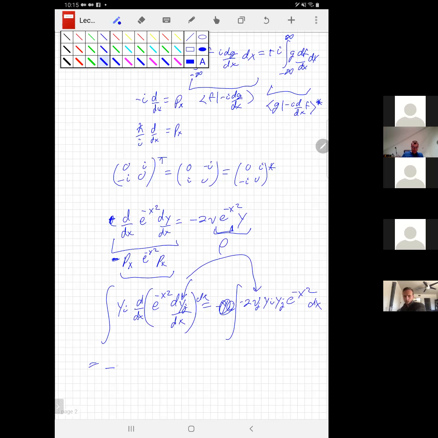If I do these limits from minus infinity to infinity, all right? We're going to get this, which doesn't depend on the order i and j. I can swap i and j, and I would get the same thing.